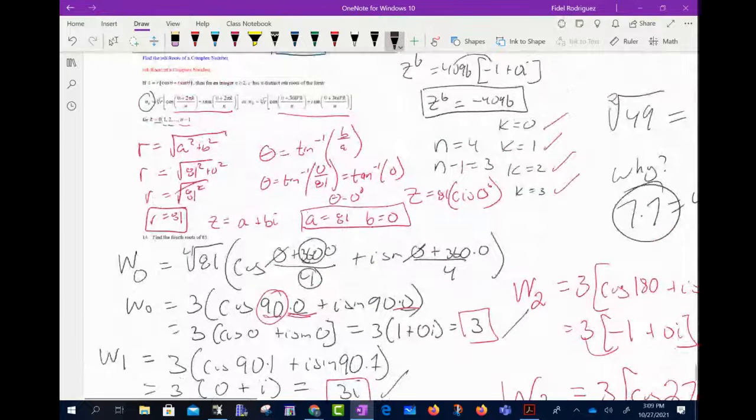First thing, I'm going to copy this formula down so that I can use it in my problem.